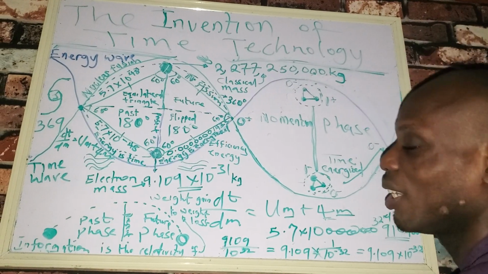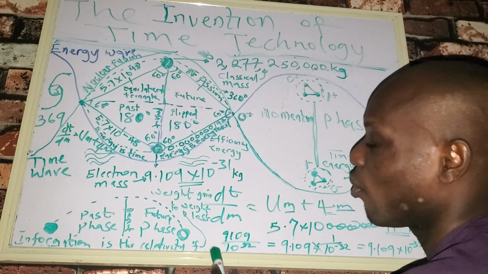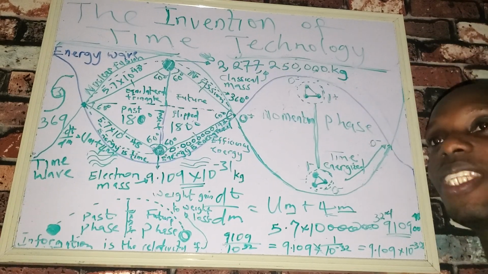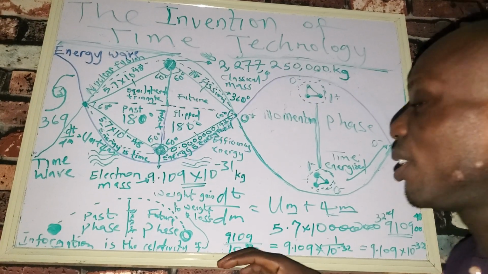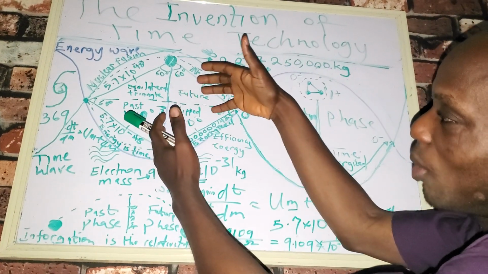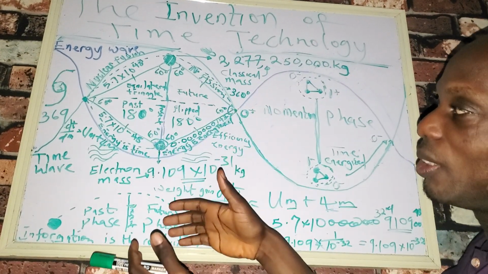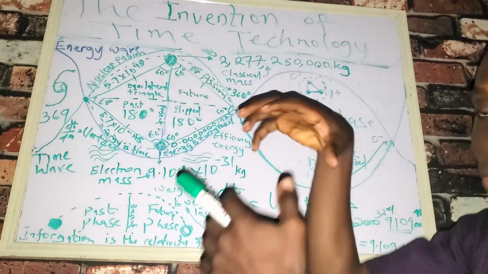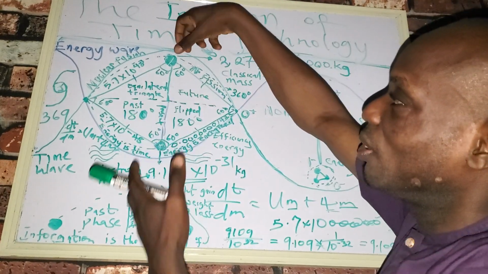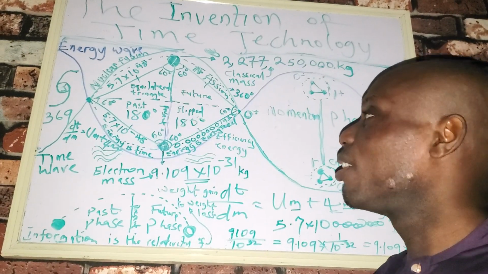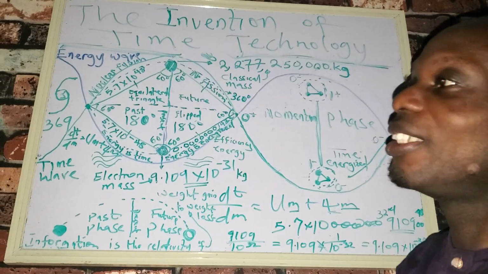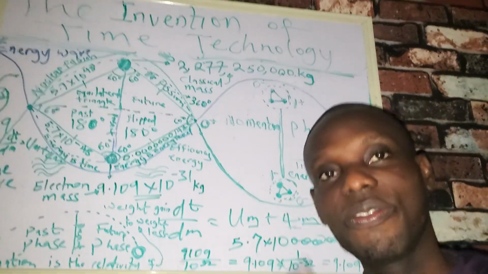Or let me say, information is the relativity of weight gain to weight loss. Now, when you have a set of particles that are light being arranged in a particular place relative to another set of particles which are heavy, organized at other point or at other side, then you are said to have information.